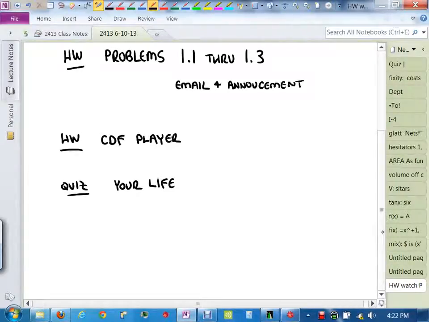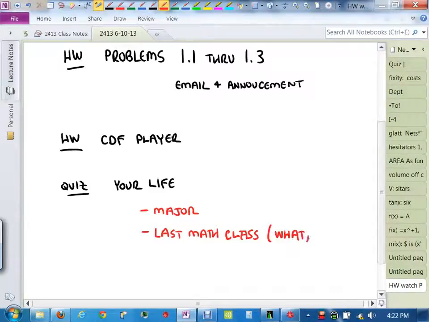There's something I wanted to add to this. I was thinking about this as I was walking in the hall. I'd like you to tell me what your major is, and your last math class. What I mean by that is what, when, and where.